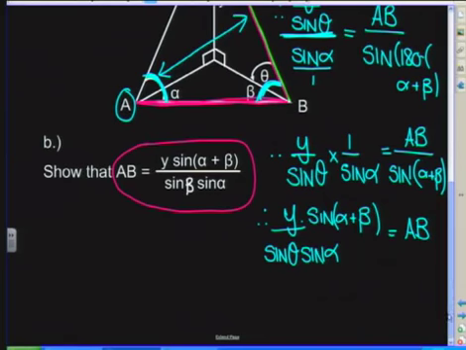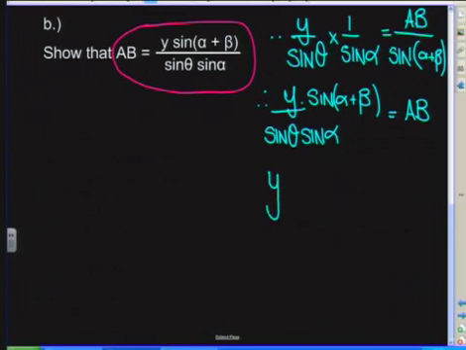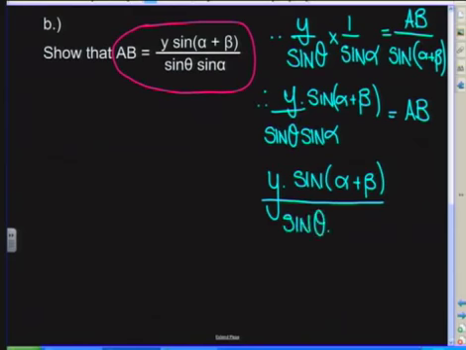Does that give us what we were looking for? Let's just see. Yep, that does. We've got y multiplied by sine of alpha plus beta over sine theta times sine alpha, and that's AB.